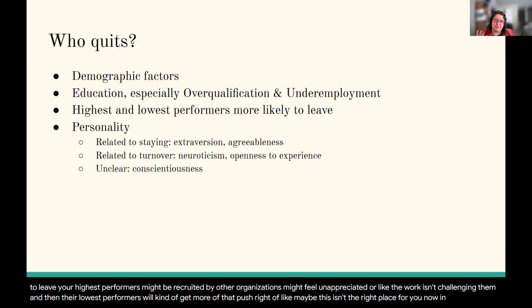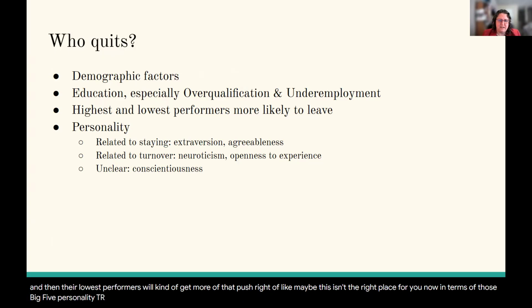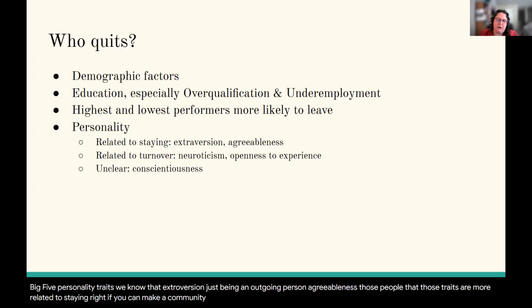Now, in terms of those big five personality traits, we know that extroversion, just being an outgoing person, and agreeableness are more related to staying, right? If you can make a community where you are, you're going to feel good about it.